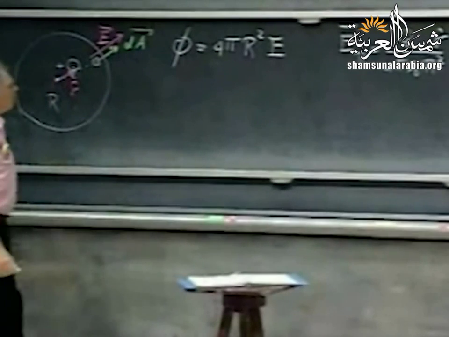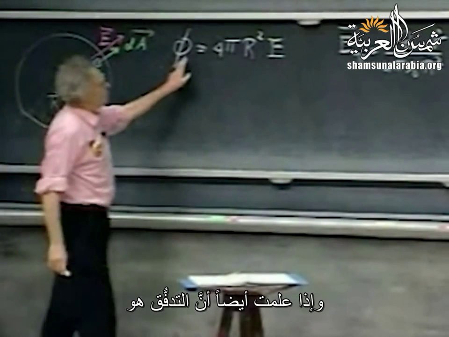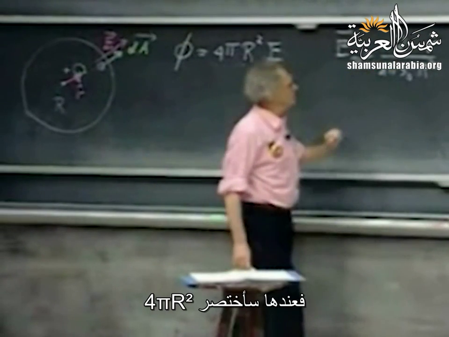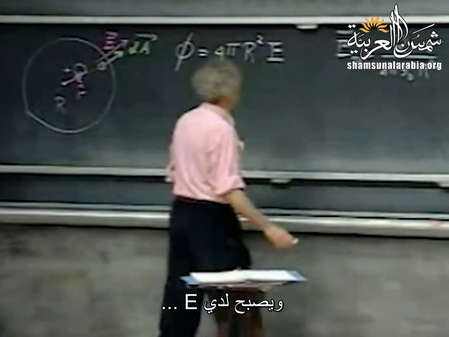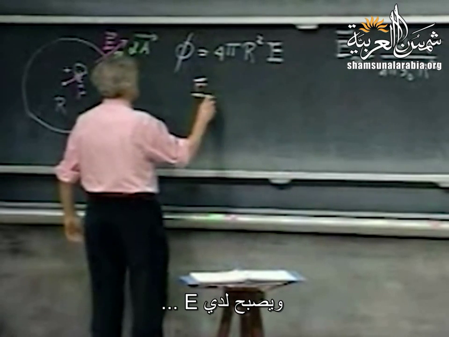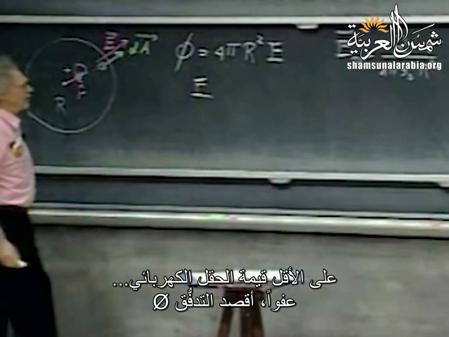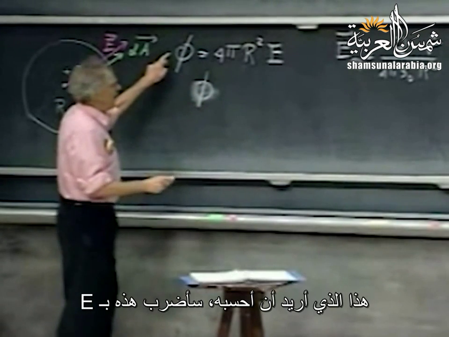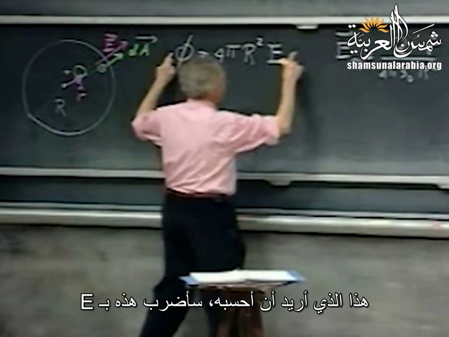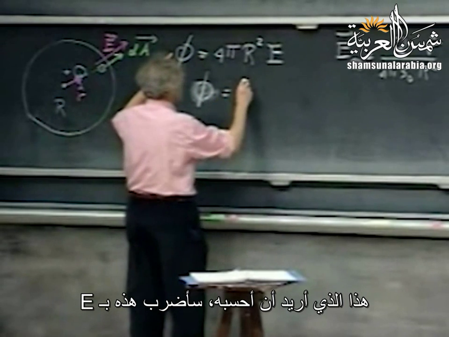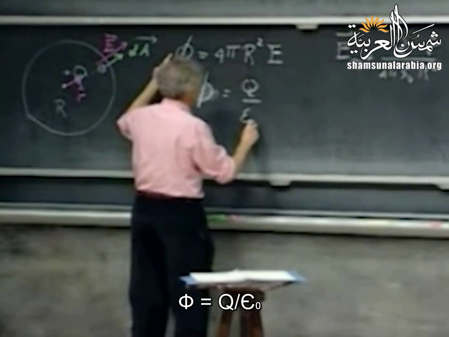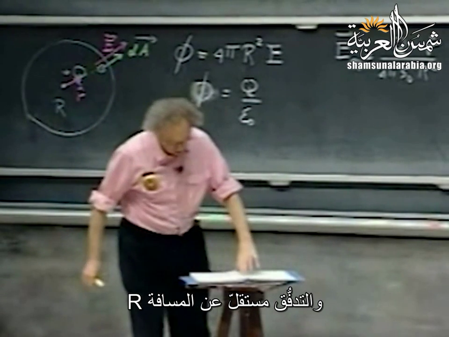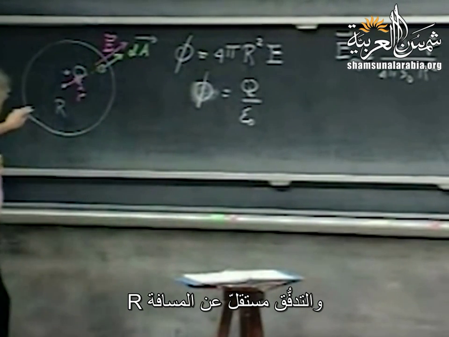And so, if I know that the flux is 4 pi r squared times E, I put the 4 pi r squared here, I lose the 4 pi r squared, and I find that the E vector, at least the magnitude of the electric field, that the flux phi, that's what I want to calculate, I multiply this by E equals Q divided by epsilon 0. And this is independent of the distance r.